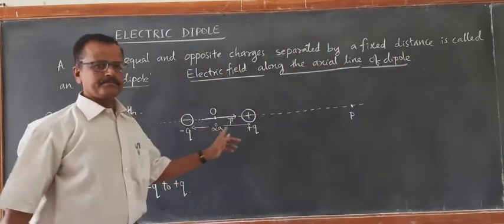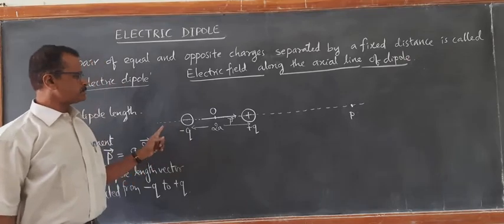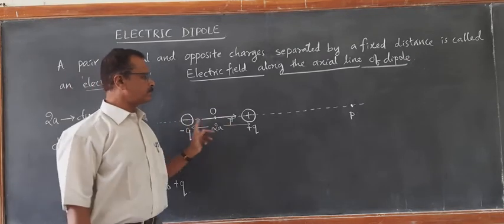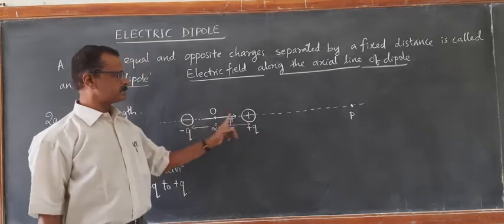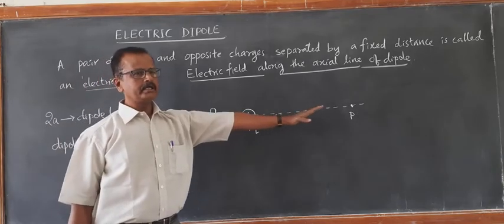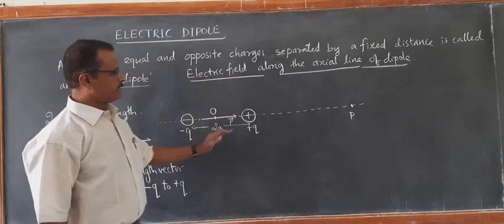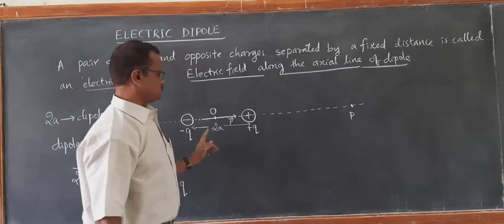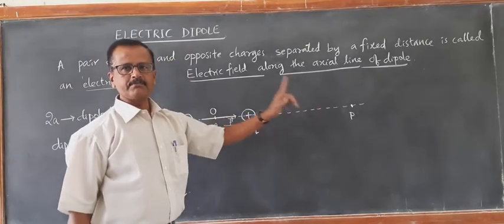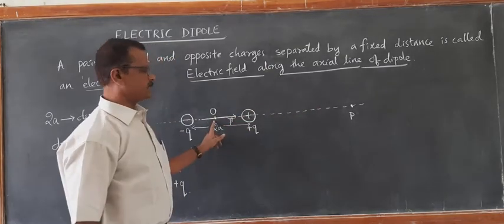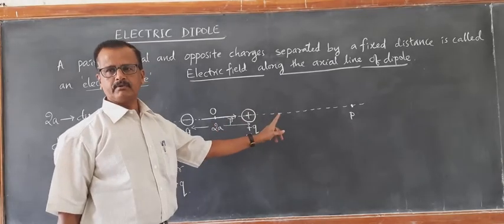So the axial line, please remember, is the line passing through the dipole length along the dipole axis, and it is extended along the dipole length. Let P be the point at a distance r from the center of the dipole.